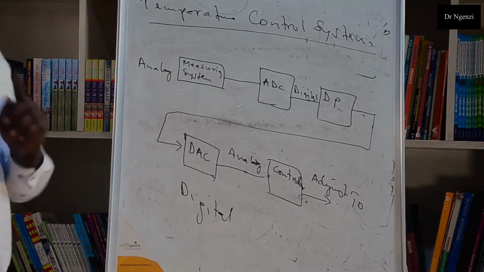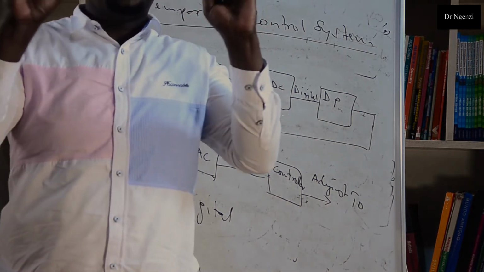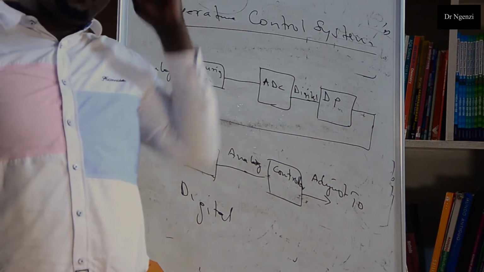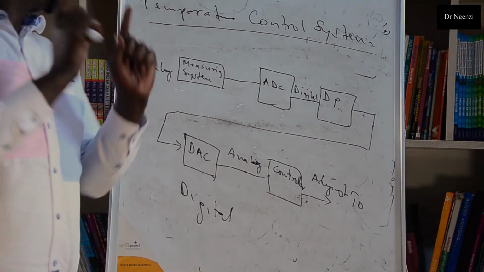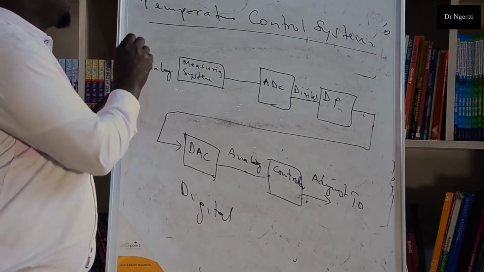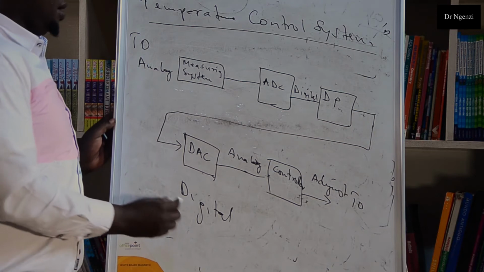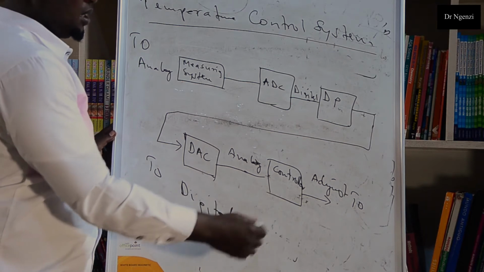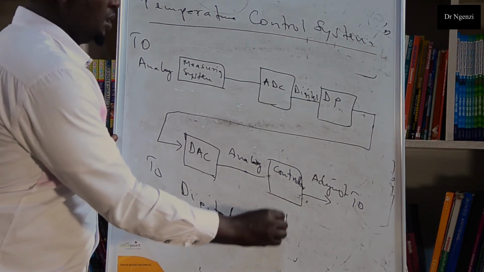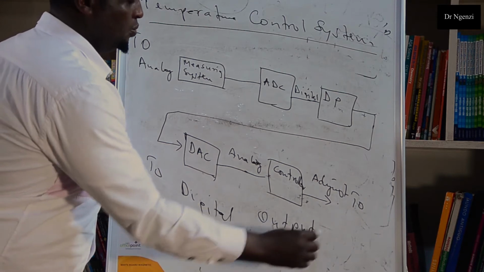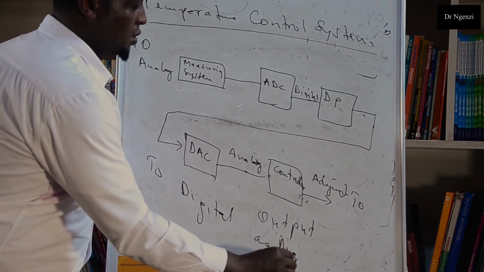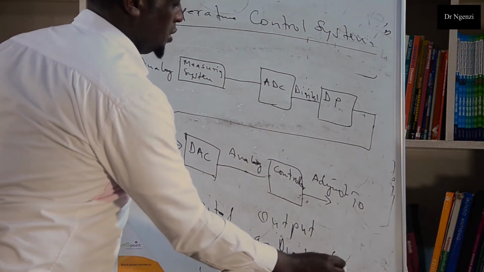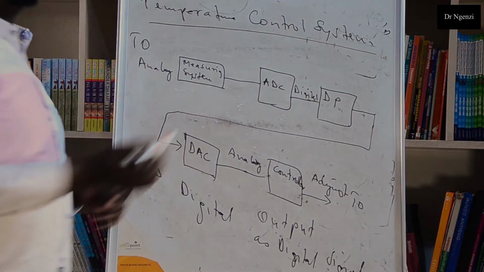Remember here it started by putting into the digital system. When I speak, as you saw with some of the voices I mentioned before, it is going into the analog system. So here you can say to analog, then it ends up in the digital system. Then you can still get your output as a digital signal or digital output. So this is the whole system.